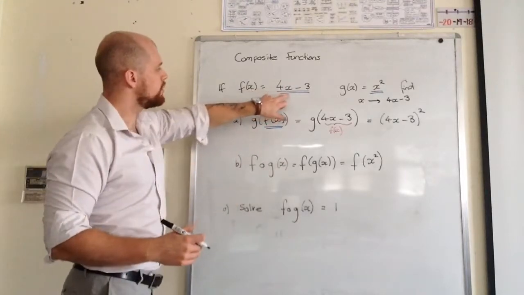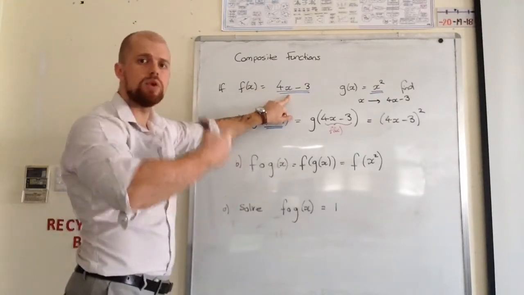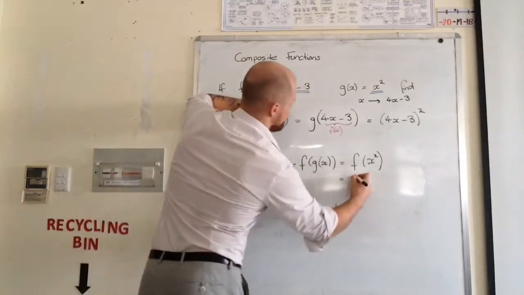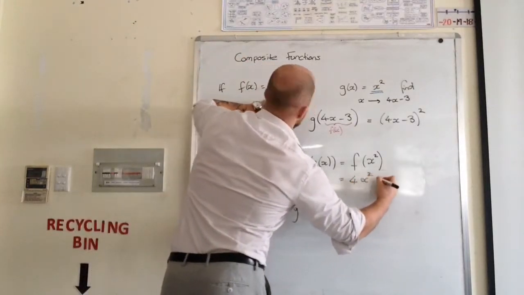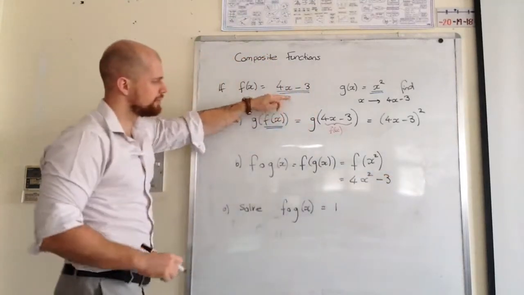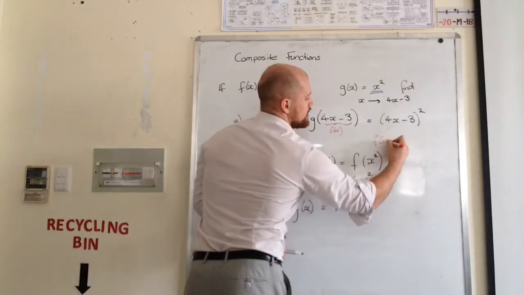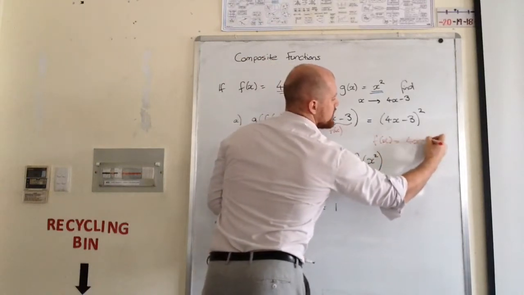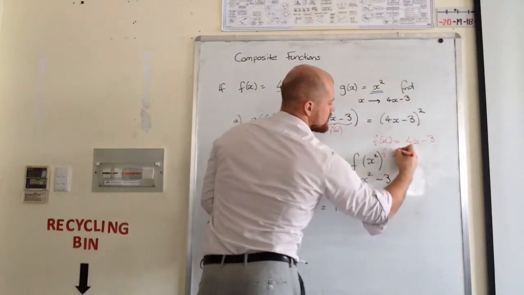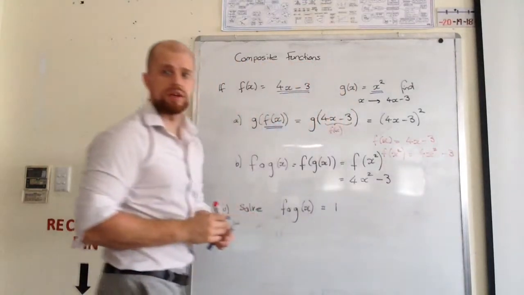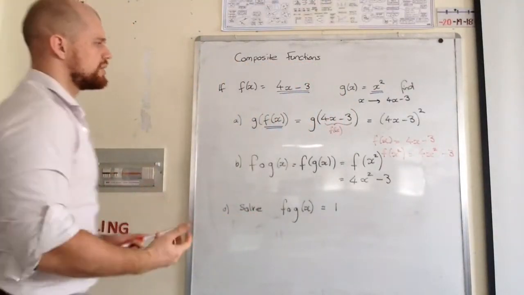So it was 4x, it's now going to be 4x squared, because the x has become x squared. So I have 4x squared minus 3. If f of x is 4x minus 3, then f of x squared is 4x squared minus 3. And that's all there is to it.